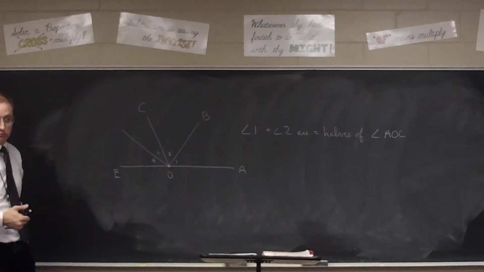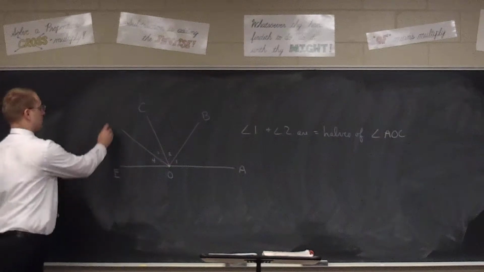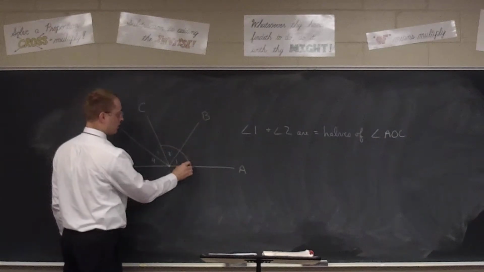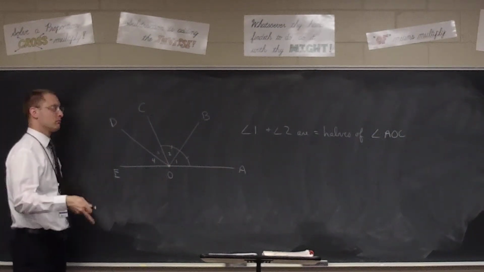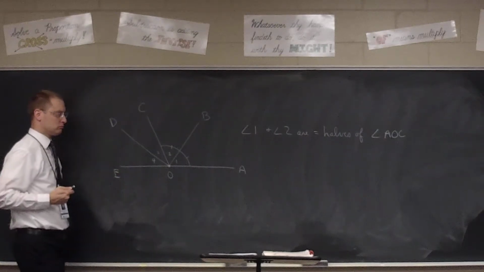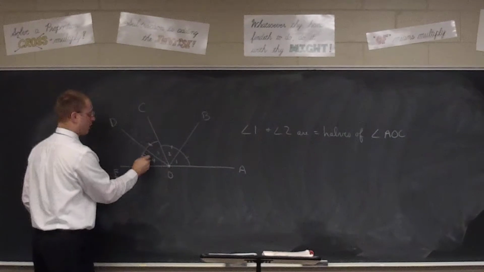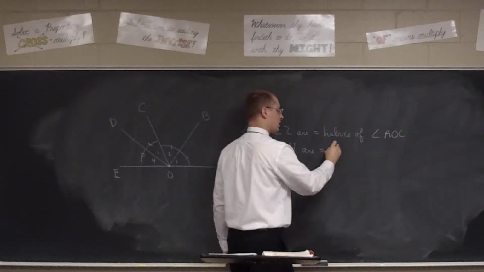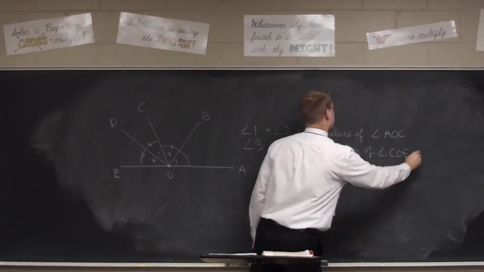Similarly, where's D? EOC. There we go. All right, good. 3 and 4 are equal halves of angle COE.